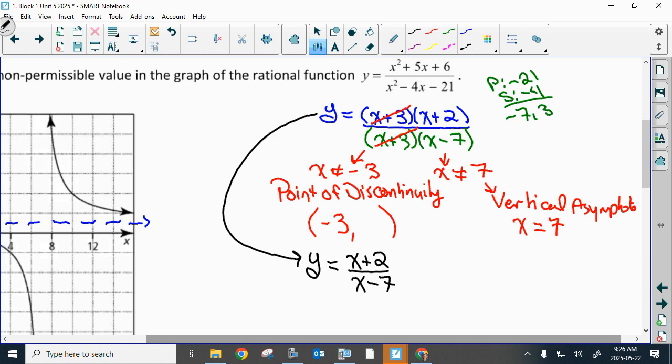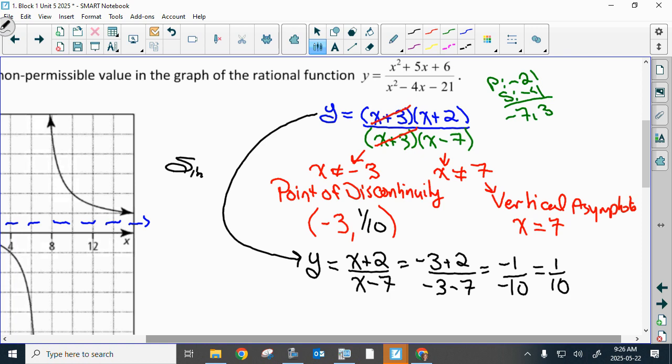So the x value of the hole is going to go into the simplified equation, and I get 1/10. This is the y value that corresponds with the x value that we should never get. So we get the y value by using the simplified equation.